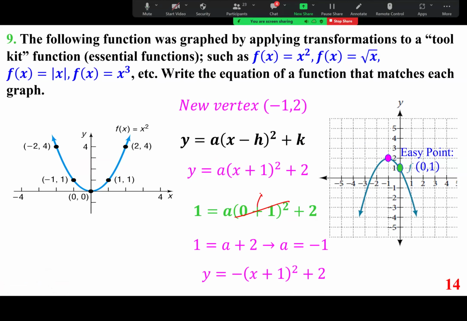And when we plug in, that means into this, replace the a, y equals minus the parenthesis x plus 1 quantity squared plus 2. As you know, the parabola opens down, so a must be negative, and you can find maybe another point which is easy to find.